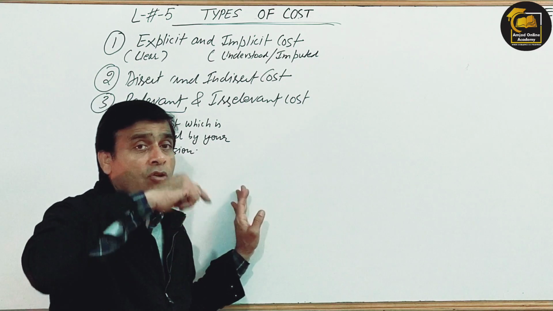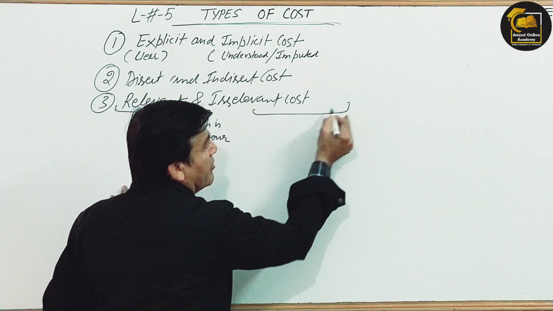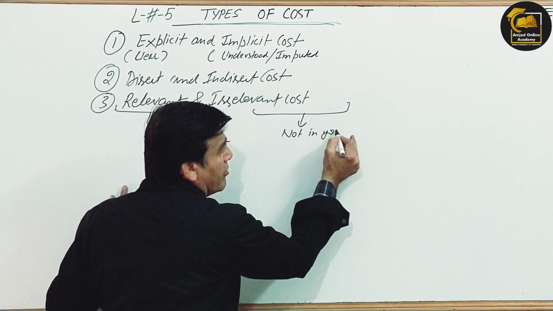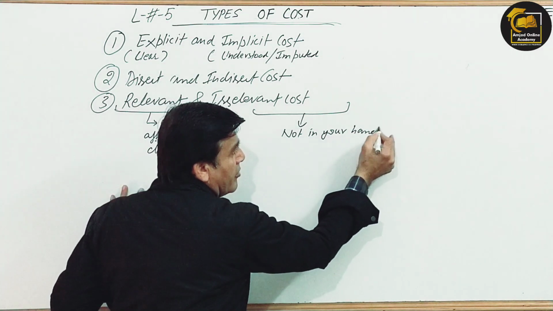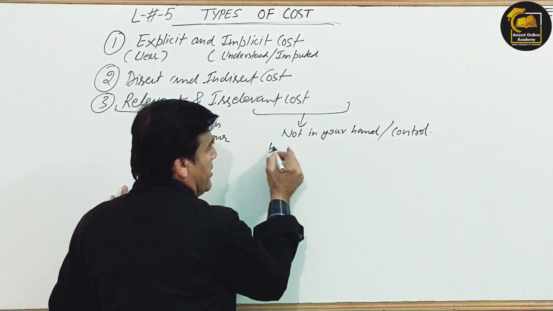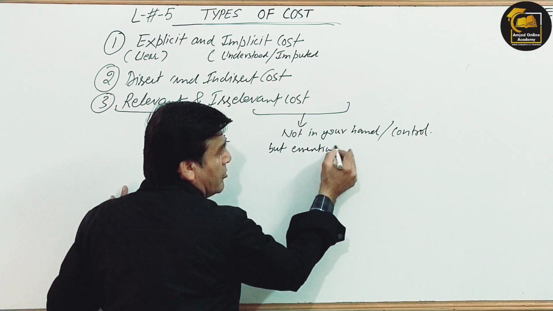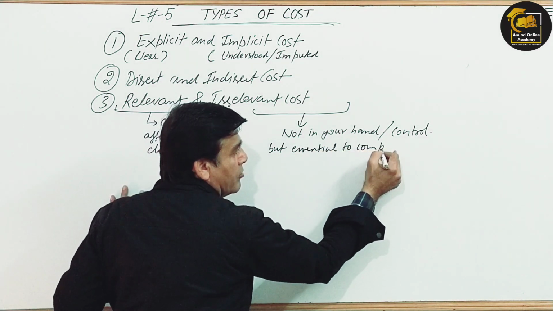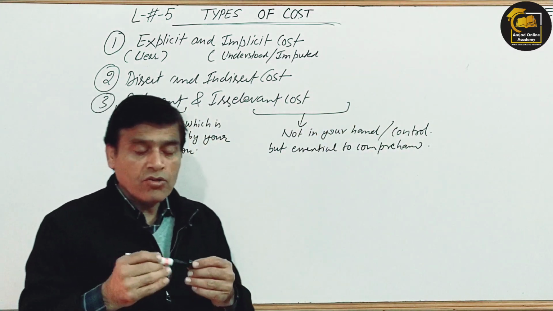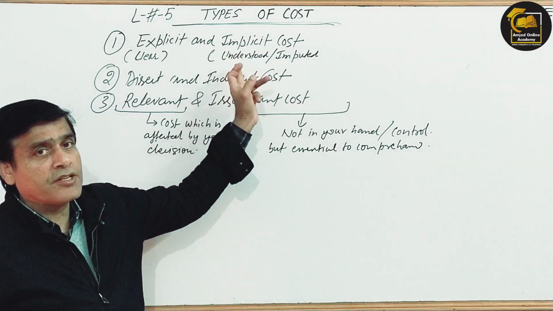But the cost which is not in your hand, which is completely irrelevant to your decision making, not in your hand or control, but again essential to comprehend, to understand, as we have understood the distinction between these here.